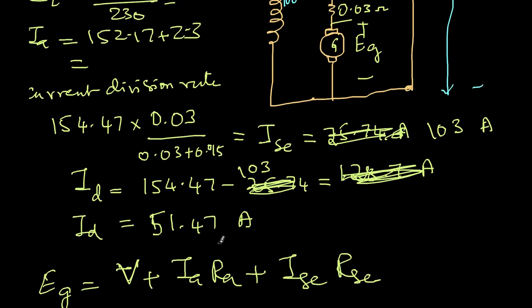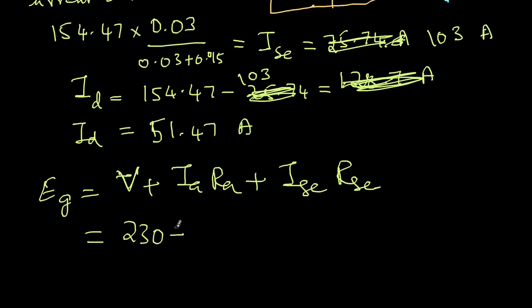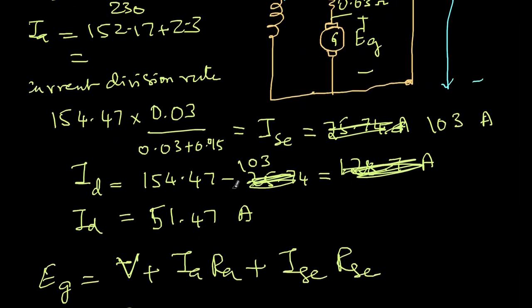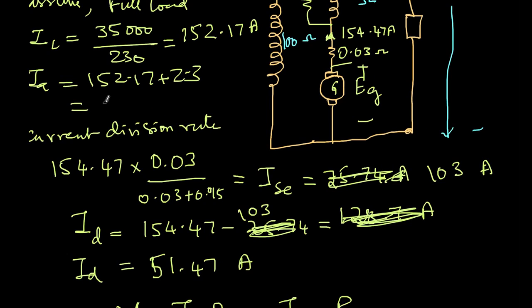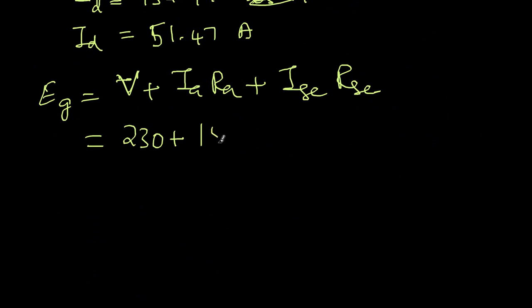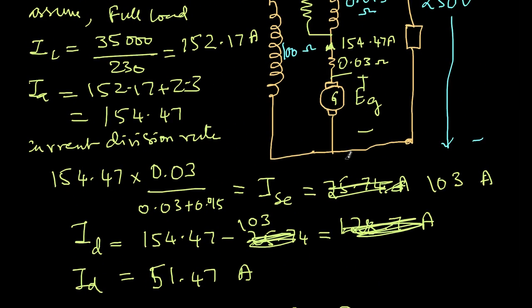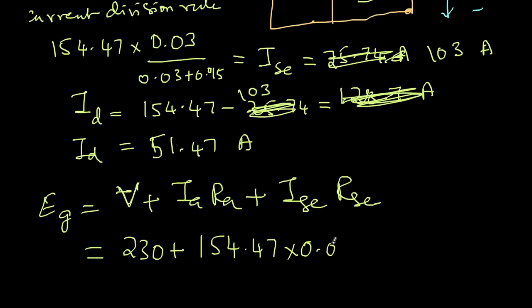So anyway, let's do that now. Output voltage is 230 volts. Armature current is 154.47, multiplied by armature resistance, which is 0.03, plus ISC RSC.